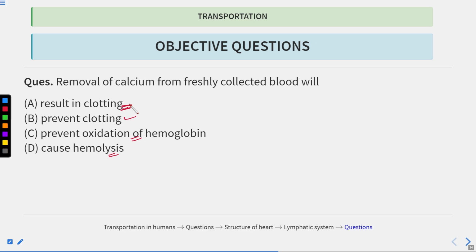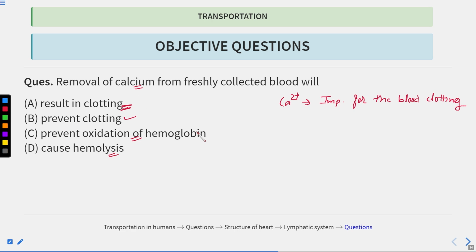Clotting is done with the help of the blood platelets, and the calcium ion is important for blood clotting. This is the important ion that is involved in blood clotting. So if you remove the calcium ion, then the blood should not clot.